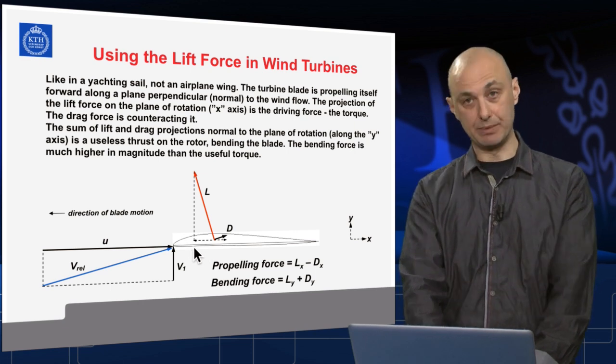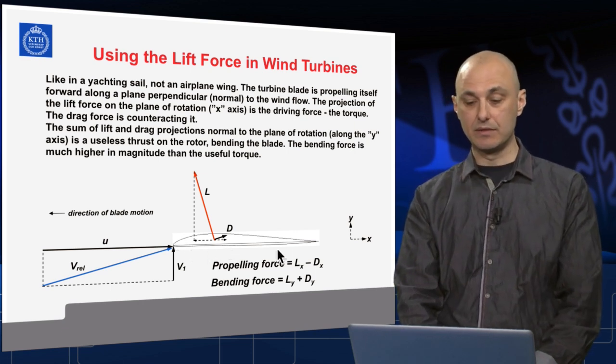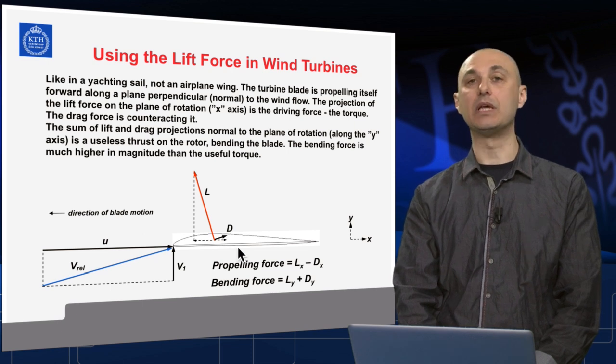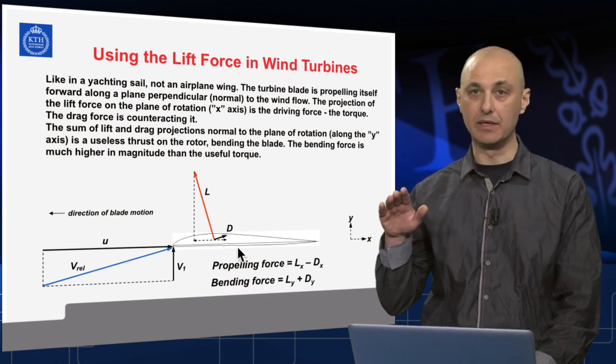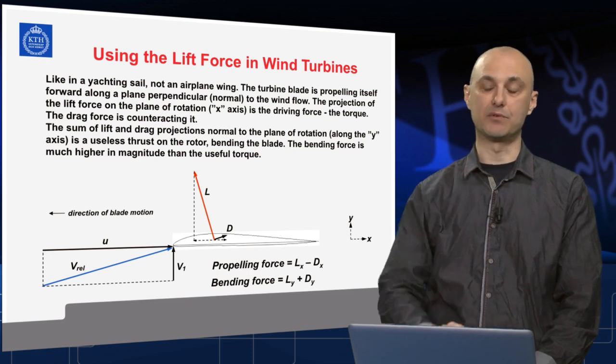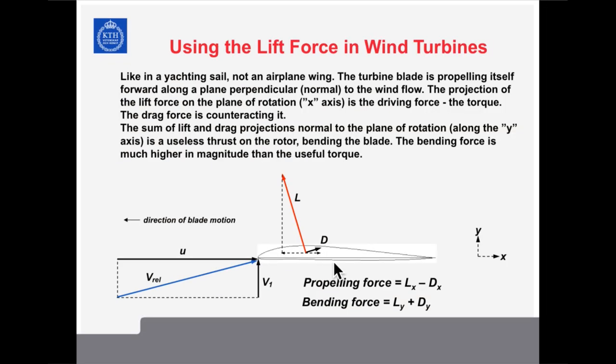In the case of turbines, we're actually looking at the cross-section of the wing towards the axis of rotation, or the center of rotation, and the blade will have to propel itself towards this side.